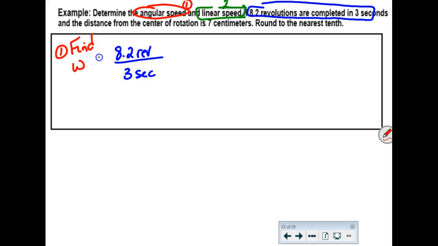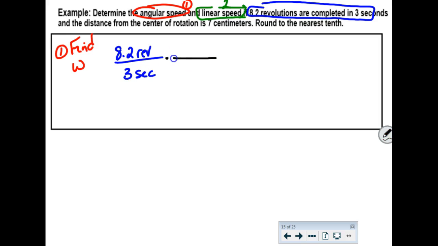If I think about angular velocity, the label has to be radians per time. I'll read through the question. It doesn't say anything weird like I want your answer in something per minute, so we don't need to convert seconds at all. But right now I have revolutions, not radians.